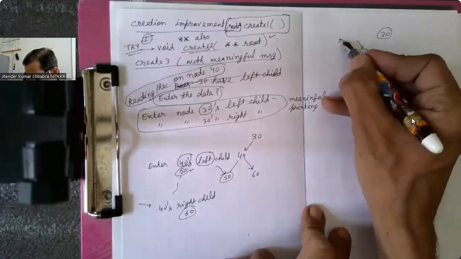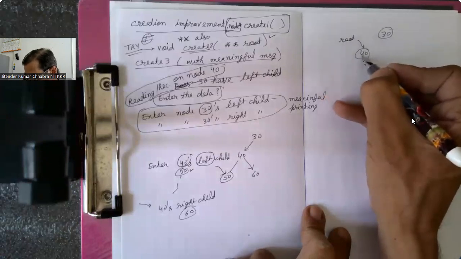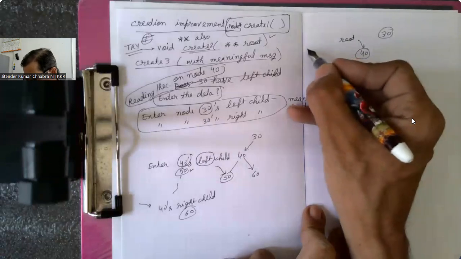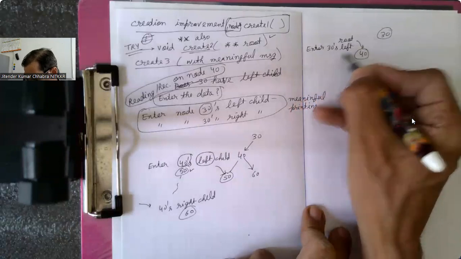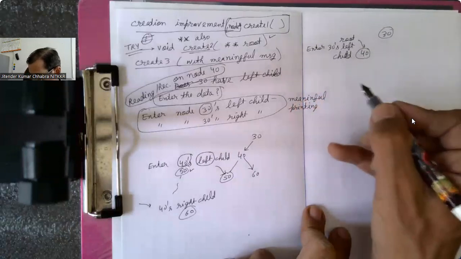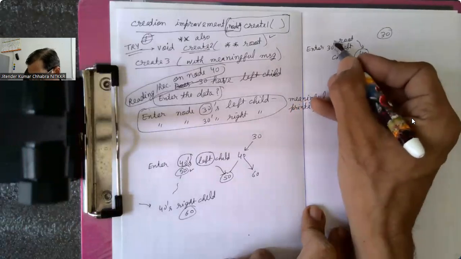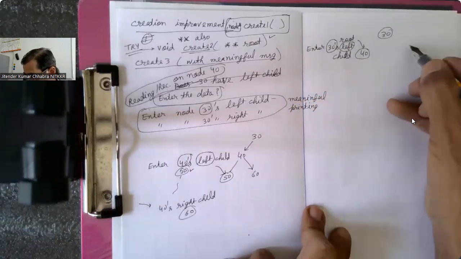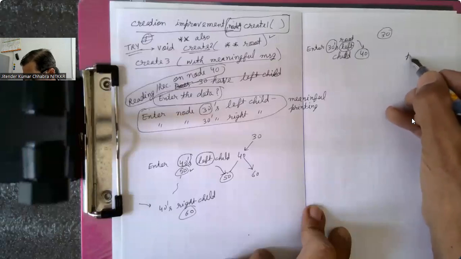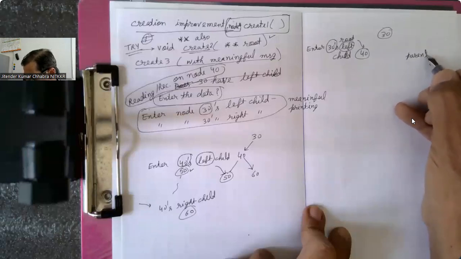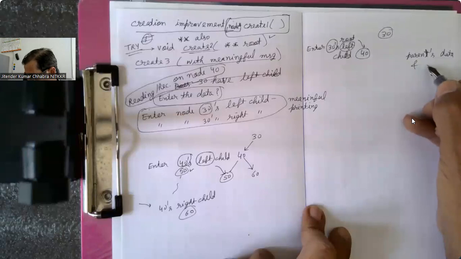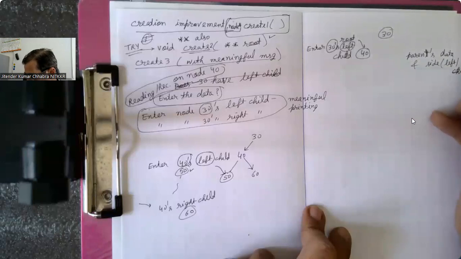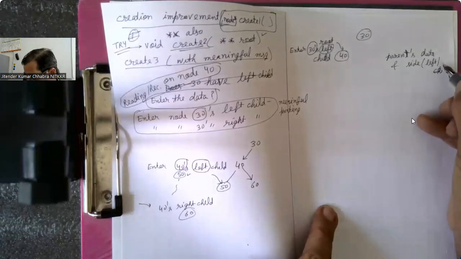This is your root allocated. 40 is to be read. And now I want a message, enter 30's left child. So I need certain data to be supplied as parameters. So effectively it means the parent's data and the direction, the side, maybe left or right, should be known if I want this logic to be implemented.